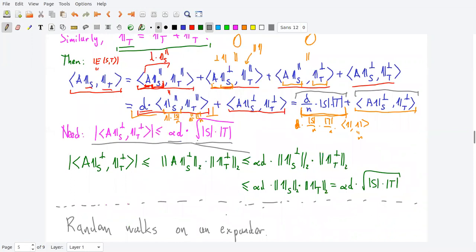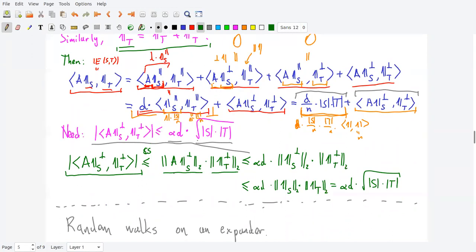Good, and this will actually be pretty easy. This will be a brute force estimation. I need to upper bound this cross product, and by the Cauchy-Schwarz inequality, the absolute value of a cross product is at most the L2 norm of one times the L2 norm of the second one.